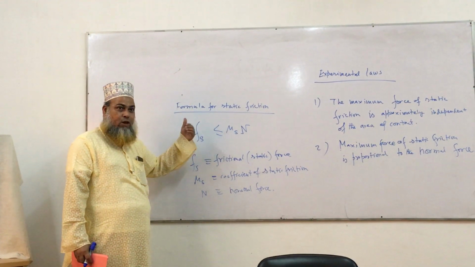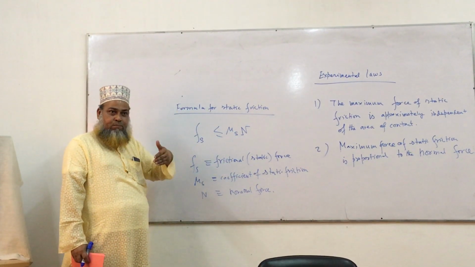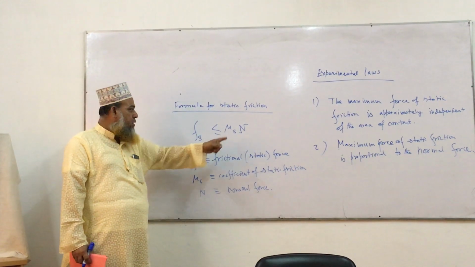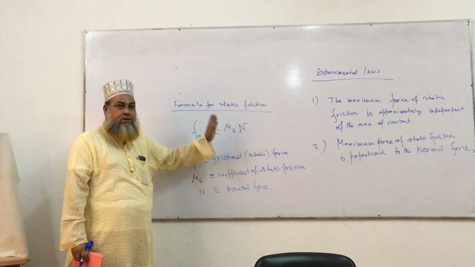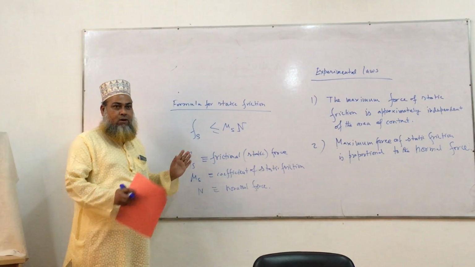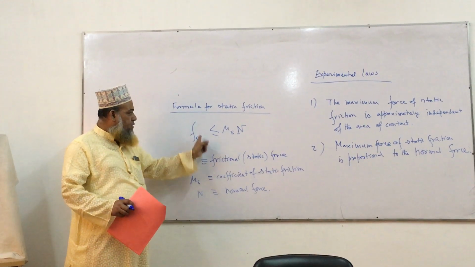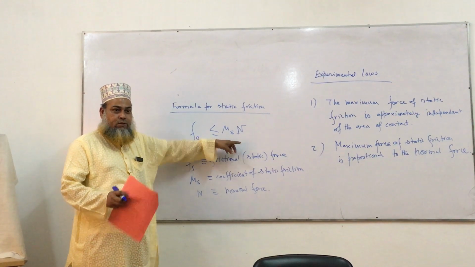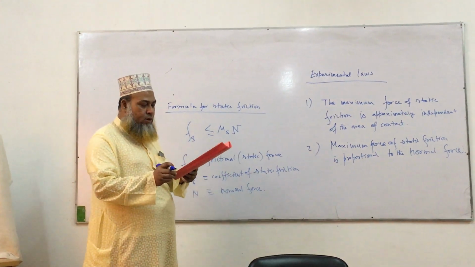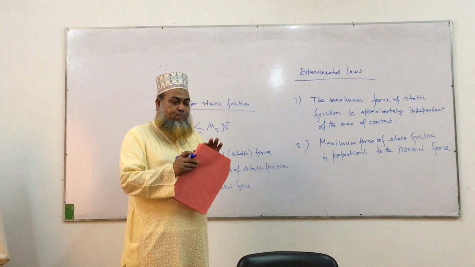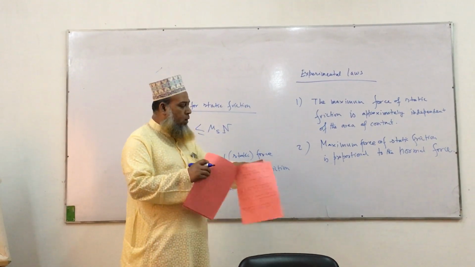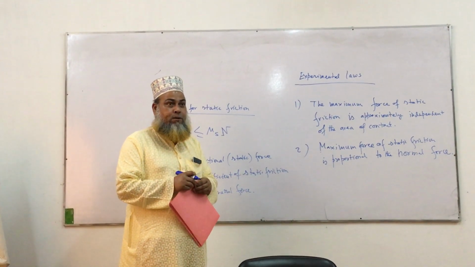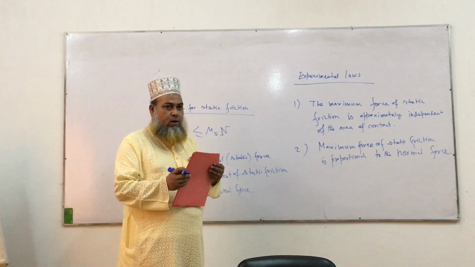Whenever the frictional force Fs is less than this maximum, then Fs is less than mu s n. Whenever Fs is maximum, Fs is proportional to normal force. Okay, these are two empirical laws, experimental laws.